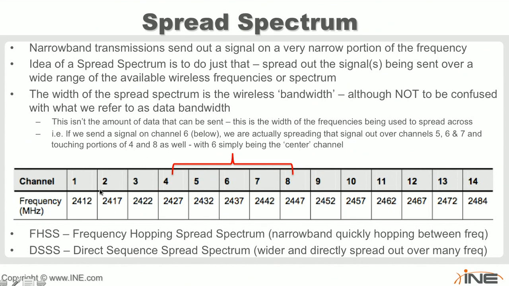So it's sending out a signal maybe on channel 2, then all of a sudden on channel 3, then all of a sudden on channel 4, then back to channel 1, then over to channel 2. Whatever it is, the frequency is very narrow. It's using a very narrow singular frequency, and it's hopping between frequencies. That's frequency hopping spread spectrum. We don't use that in modern day 802.11 wireless networks, but it is a type of spread spectrum.